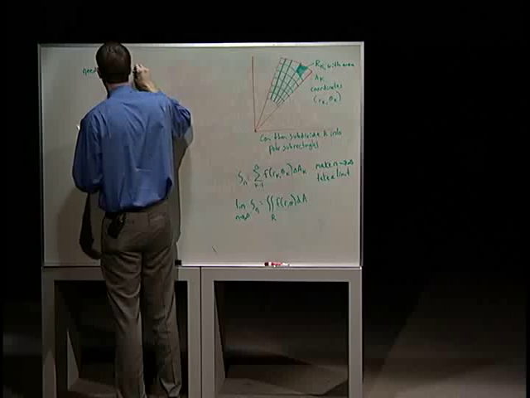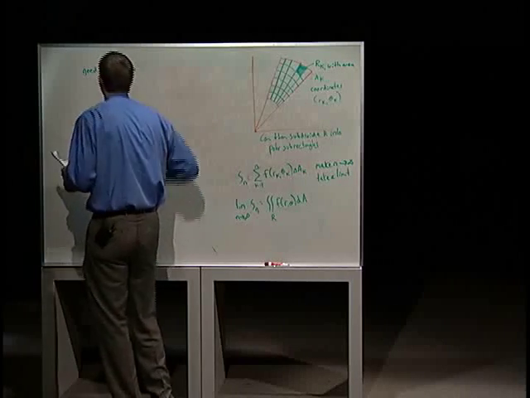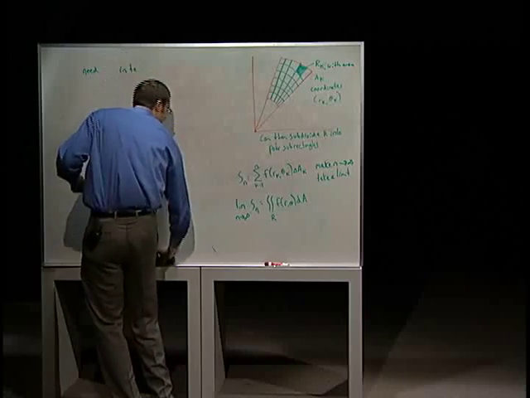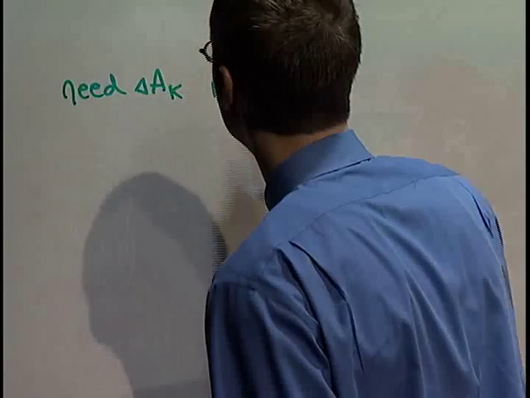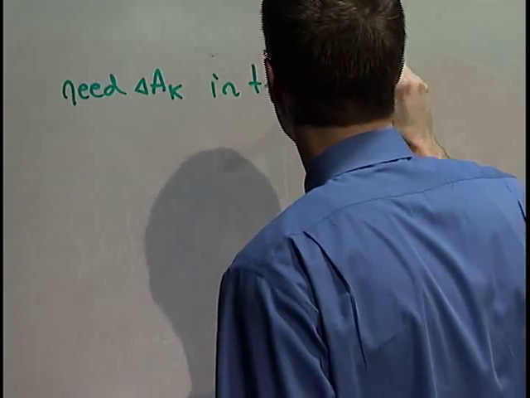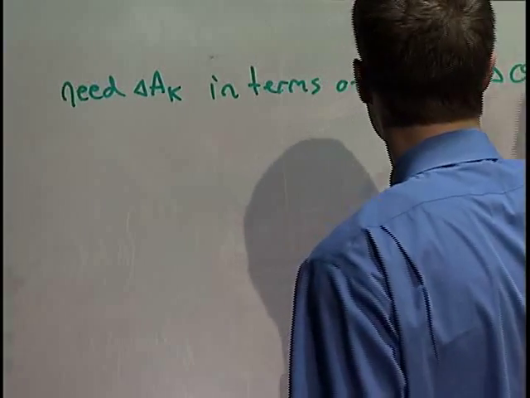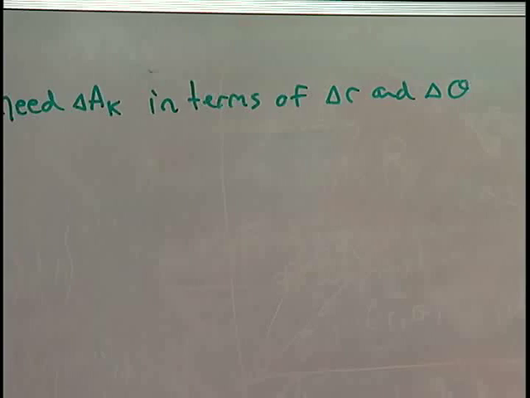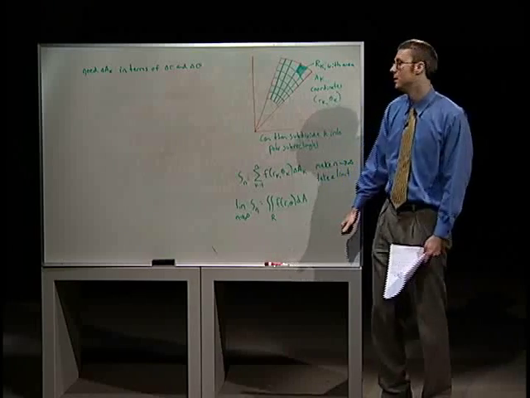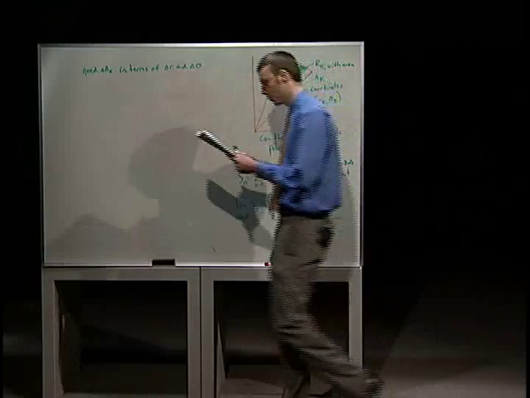Actually, we want the change in area, because we started off with delta A sub k down here. We want delta A sub k in terms of the change in the radius and the change in theta. In other words, our function depends on r and theta, so we want our area to depend on r and theta as well.